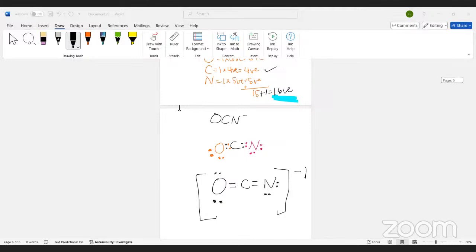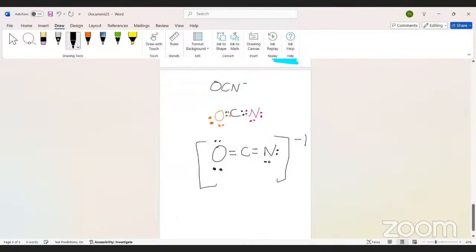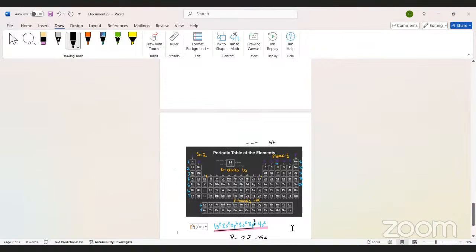Okay, yeah, this is what I can do for you. Let me see if I can copy this and take it to the other screen that I was on. Okay, here we go. Electron configuration.